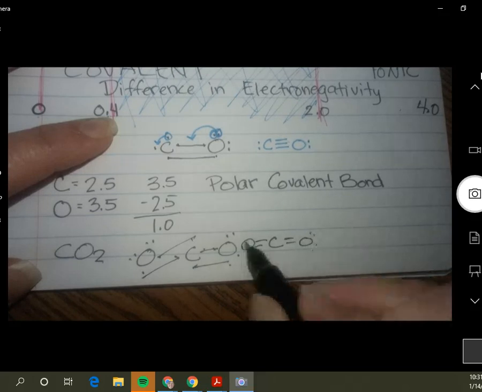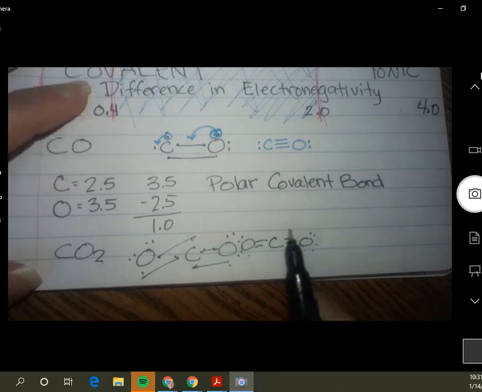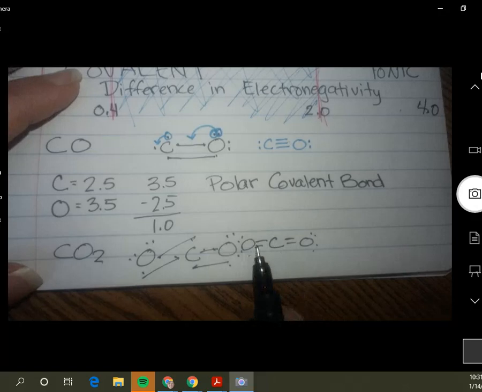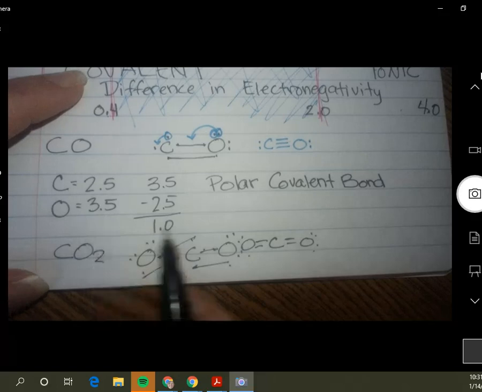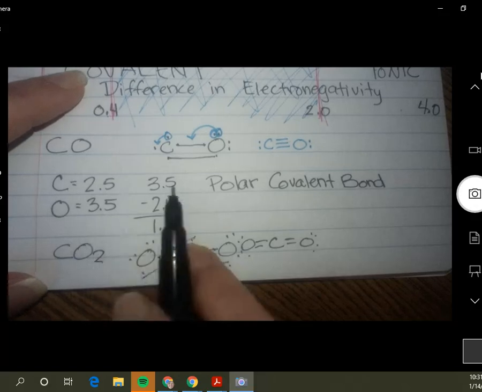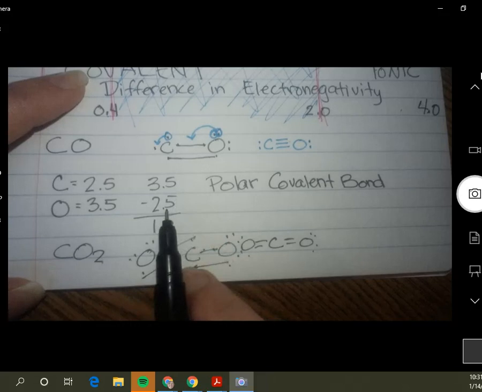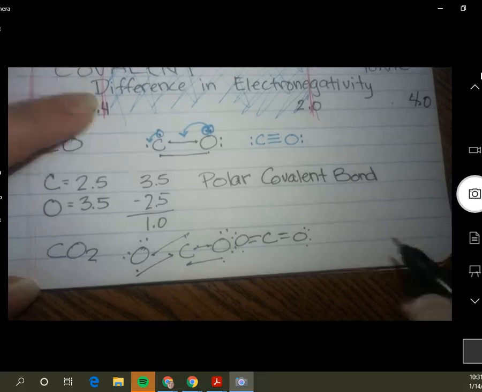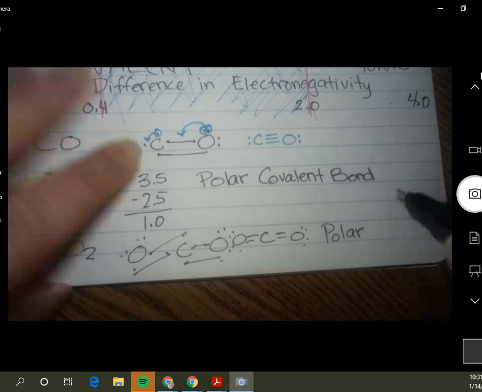Well, we still just have carbon and oxygen. These elements still have the same electronegativities that we just did. So we only have to do that same problem. The difference between the oxygen's electronegativity and the carbon's electronegativity is still 1.0. So we're still going to have polar covalent, even though we have more than one bond.